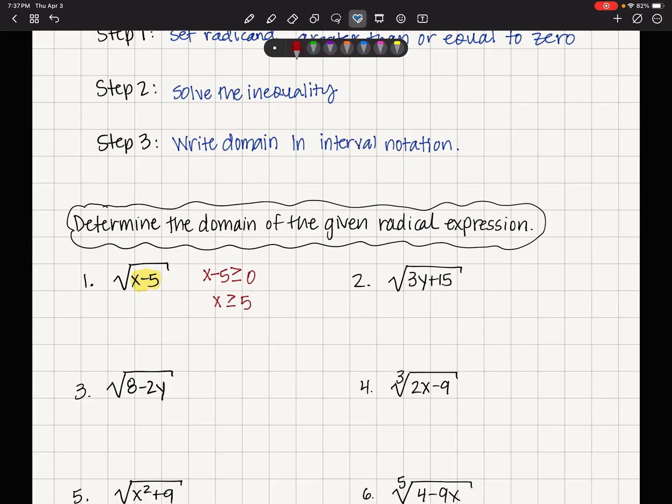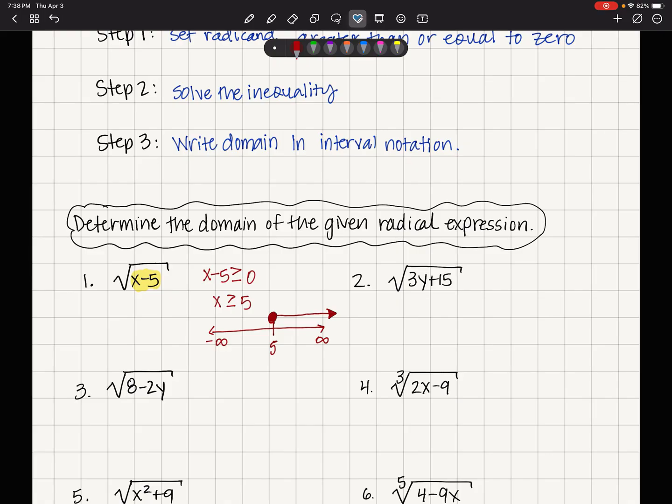So I get x is greater than or equal to 5. Now on a number line, I've got negative infinity on the left and positive infinity on the right, and I've got 5 somewhere right about here. Greater than or equal to 5 would include 5, and then it would go towards positive infinity.